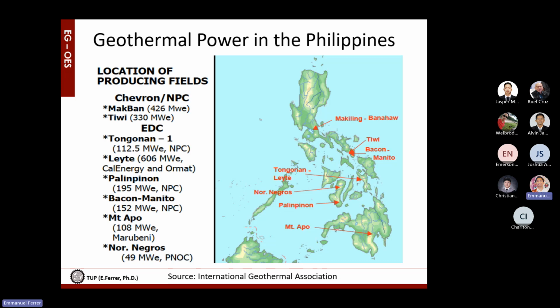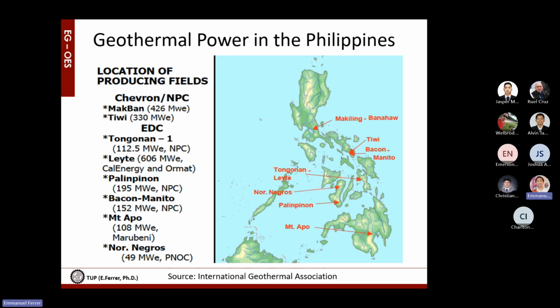EDC has Tongonan in Leyte, Palinpinon, Bacon, Mount Apo in Mindanao, and Negros. Which part of Negros? I think this is Negros Occidental, no? Northern Negros.